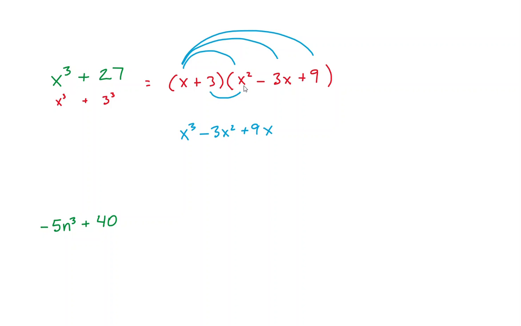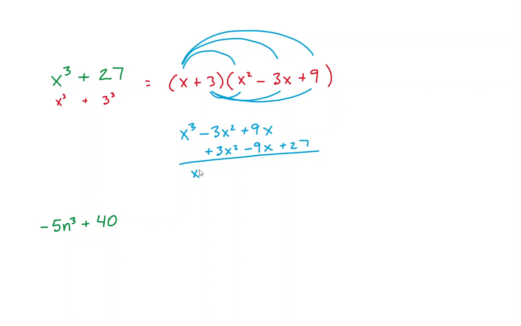3 times x squared is positive 3x squared. 3 times negative 3x is negative 9x. And 3 times 9 is positive 27. And all of a sudden it comes clear.